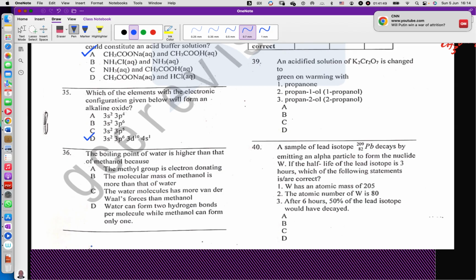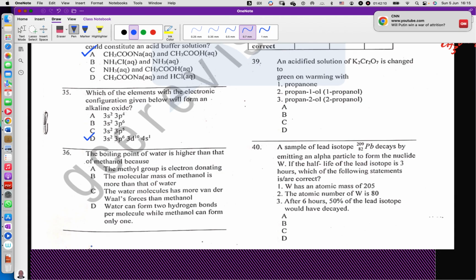Methanol can form a hydrogen bond because it has an OH there. Water can also form hydrogen bonds, but water can form more hydrogen bonds than methanol. Let's see what the answers are saying.